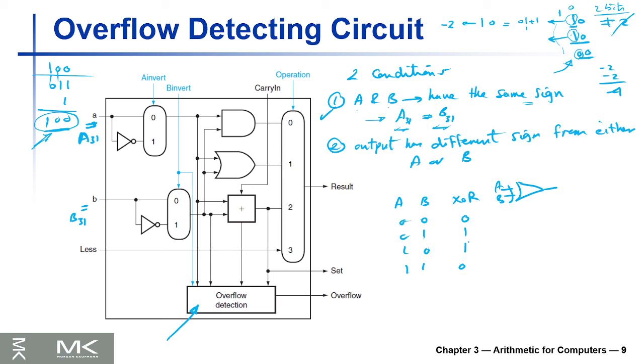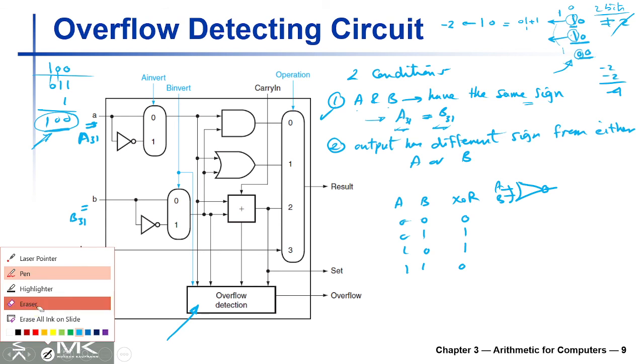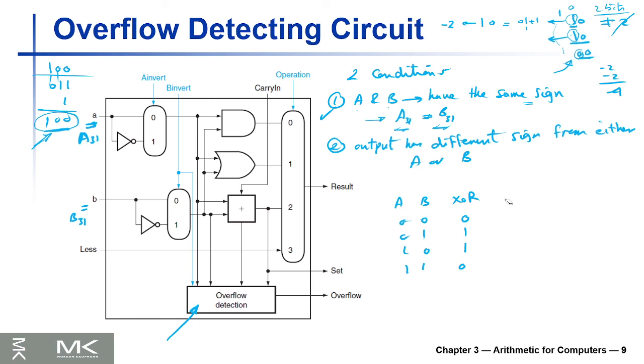So XNOR is the opposite. XNOR now is like this. It's just the inverter of XOR. So it will be 1 if they are similar.